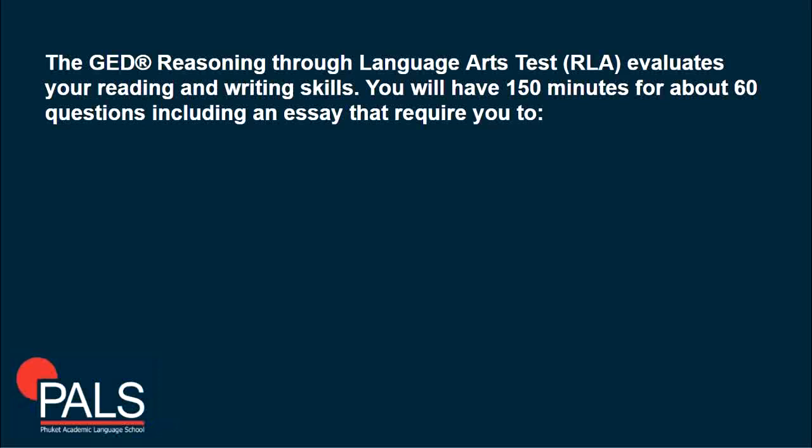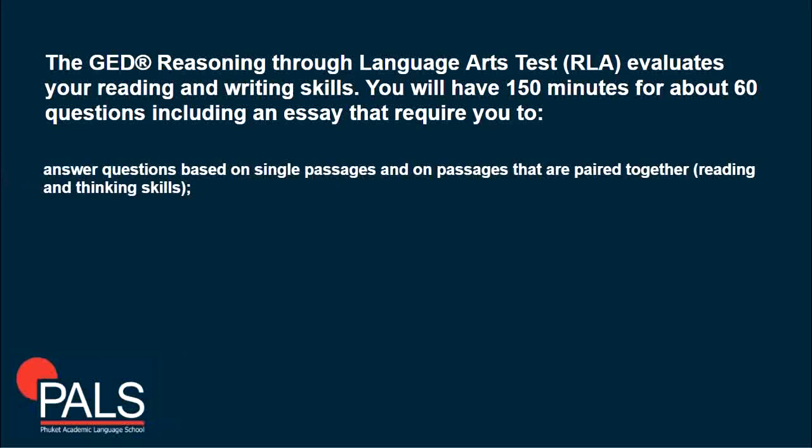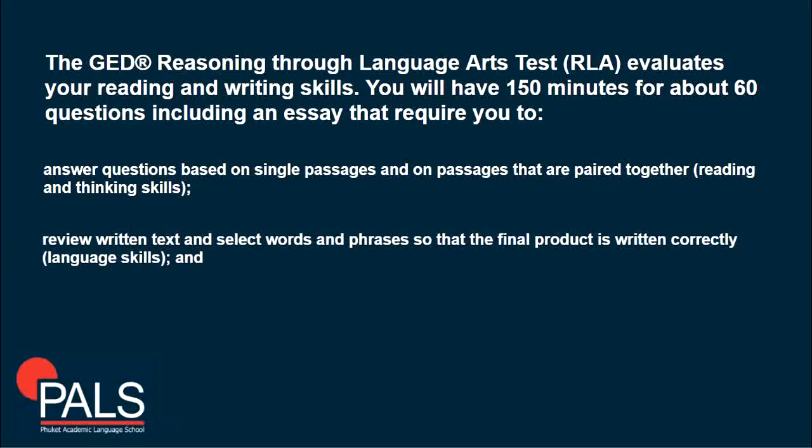This includes an essay, and all of which will require you to answer questions based on single passages and on passages that are paired together. So reading and thinking skills. Also, you will have to review written text and select words and phrases so that the final product is written correctly. So this is your language skills.